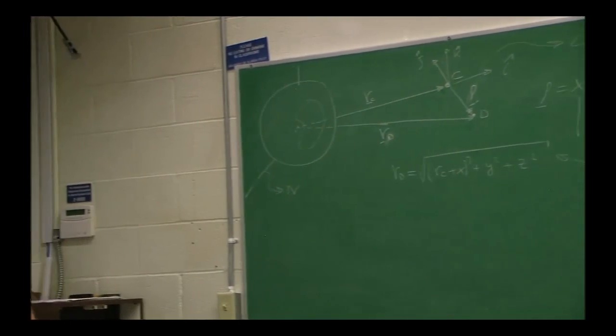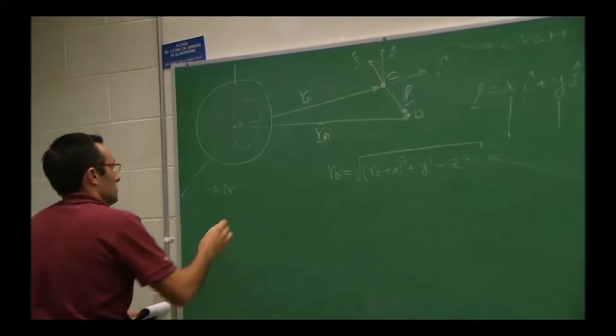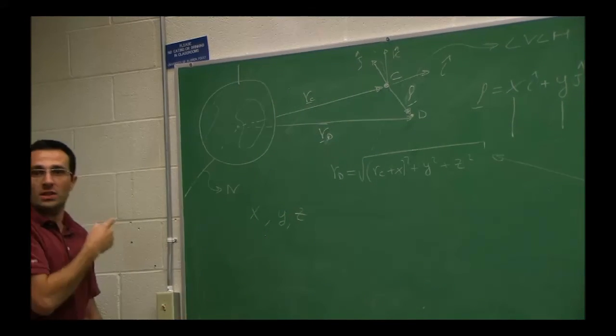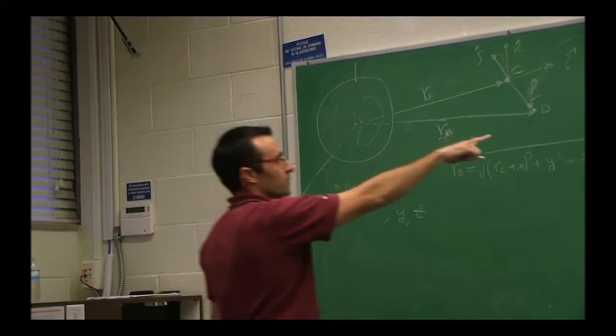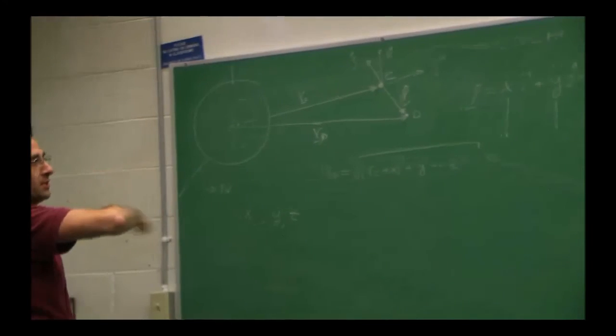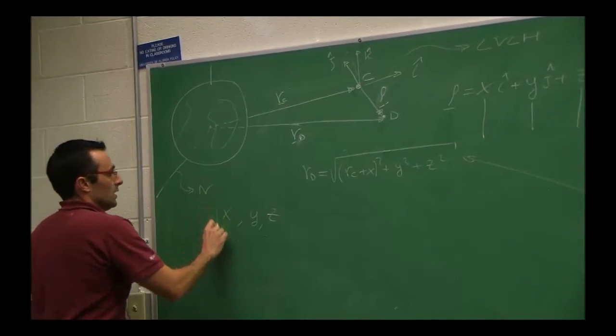I'm going to back up even more. What are the variables here? Those are the three variables. Okay, fine. Because I want to be able to say this is the vector at this time and this is going to be the vector in 10 minutes, etc. That's what I want.